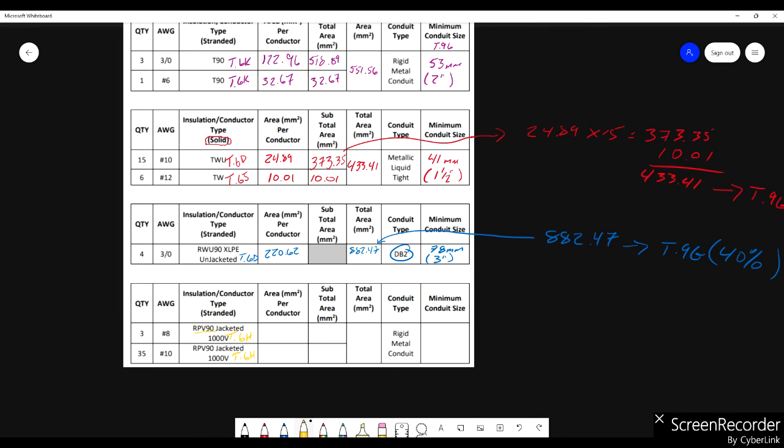Well, per conductor, it's 44.3, and 3 of those would equal 132.89. And then for the number 10s individually, they're 28.18. And for 35 of those, 986.3.